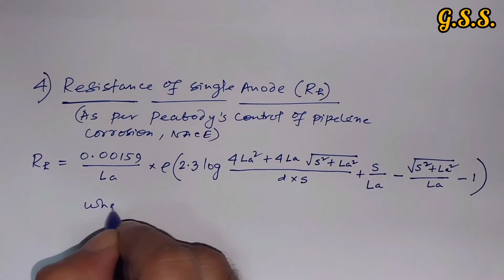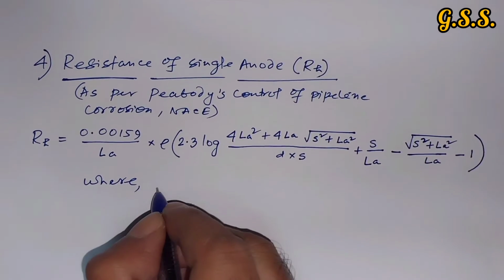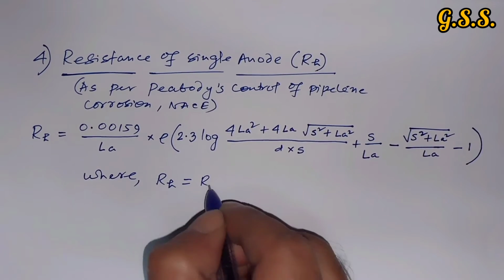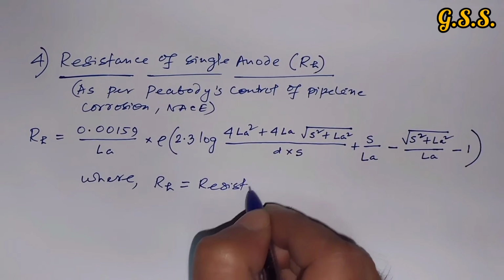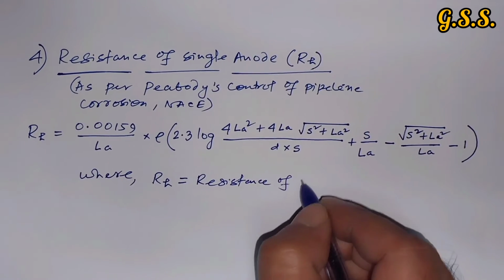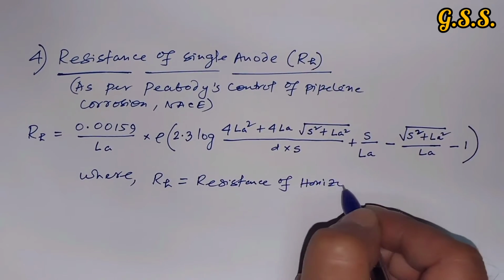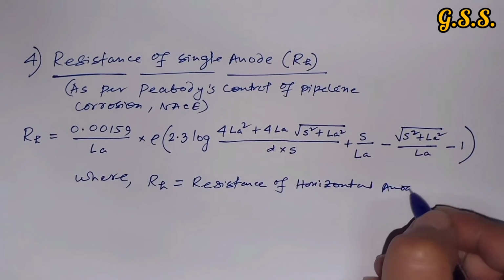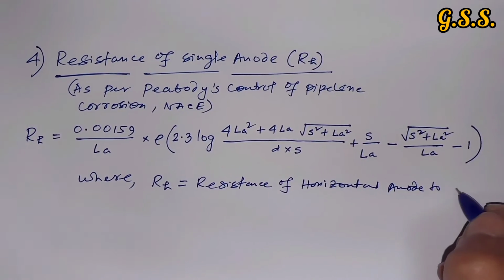Where RH equals resistance of horizontal anode to earth.